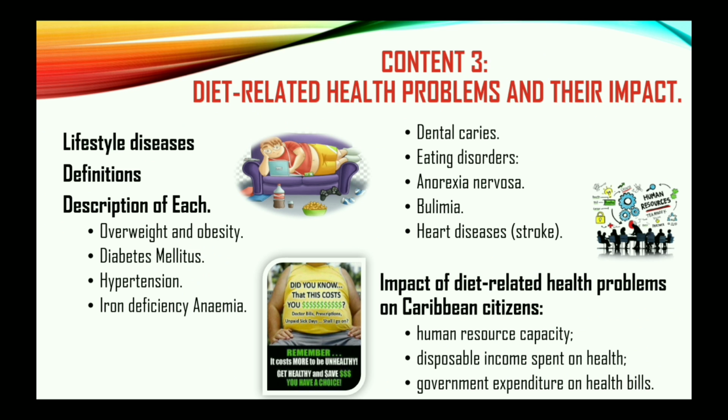We looked at iron deficiency anemia, and as you notice, iron deficiency meaning that it is a type of anemia that may happen to someone if they are lacking the mineral iron. Good. We looked at dental caries, which is a scientific name for tooth decay. We looked at eating disorders, and the two that we looked at were anorexia nervosa and also bulimia.